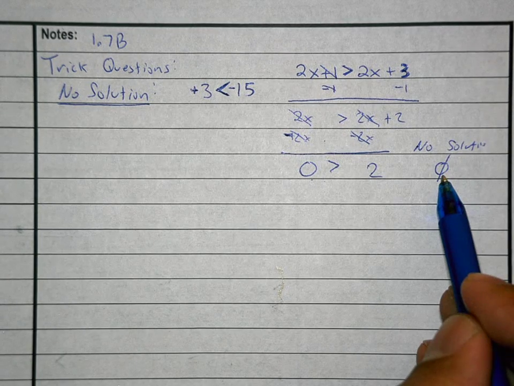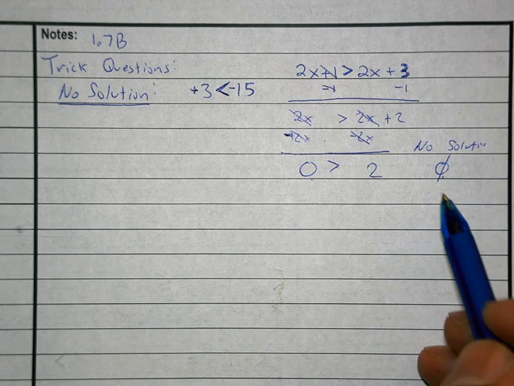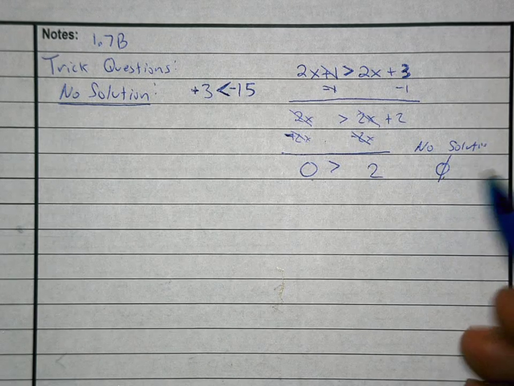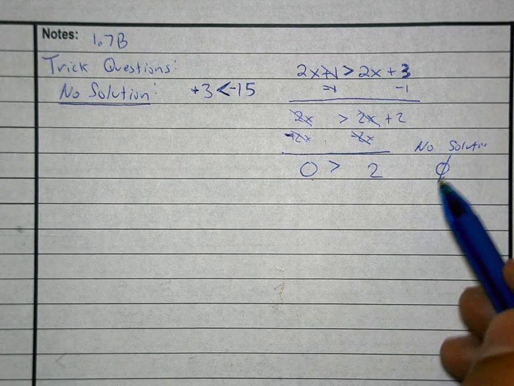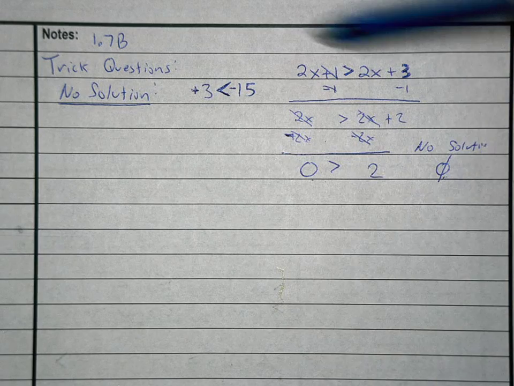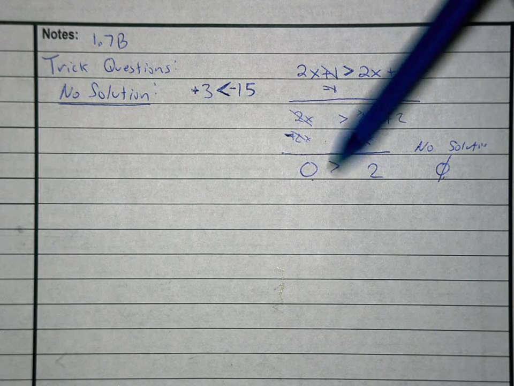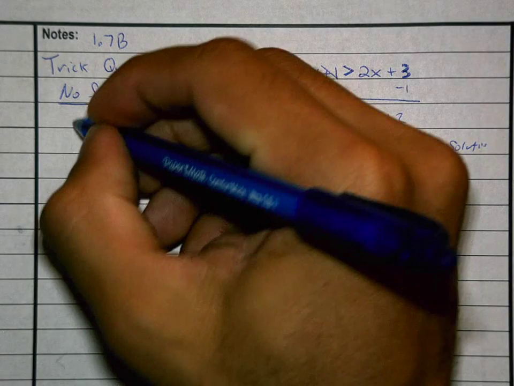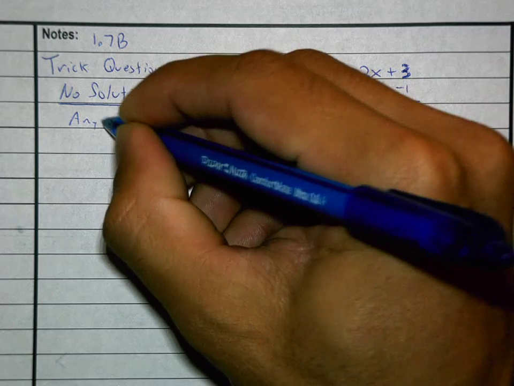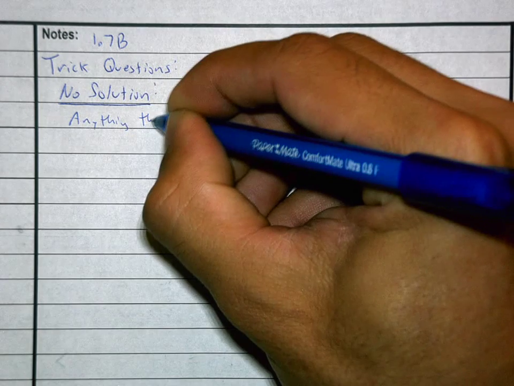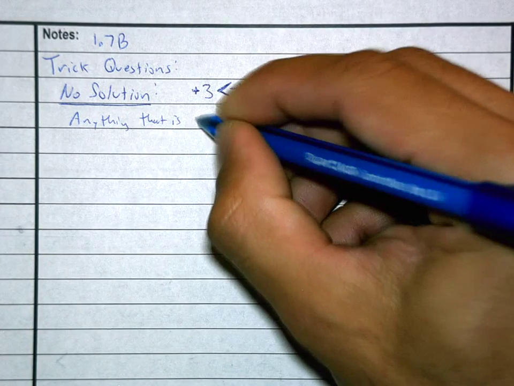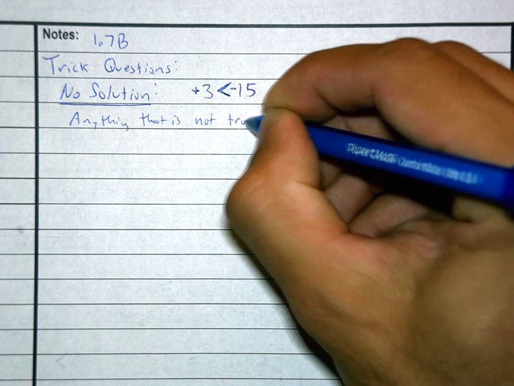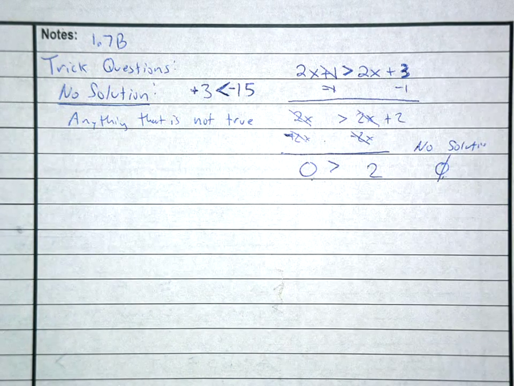It's the same one as we learned in 1.3. It's like a 0 with a big bar through it. You can write this down. It happens anytime you get something that is not true. Anything that is not true, we use no solution for.